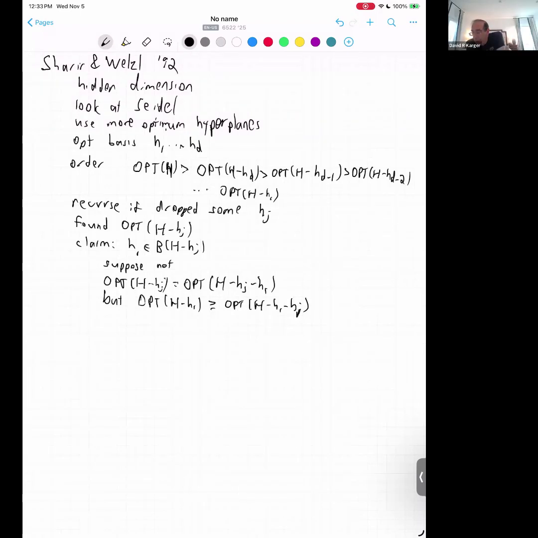Exactly. Removing a constraint makes things better. So if we remove hj from h minus h1, it doesn't make the optimum worse. So if you combine these two simple facts, it would tell us that the optimum of h minus h1 would be greater than or equal to the optimum of h minus hj.